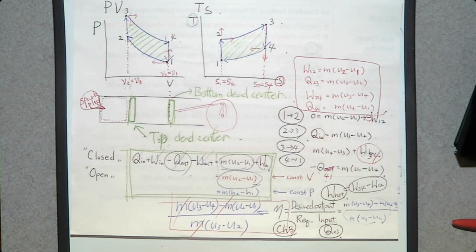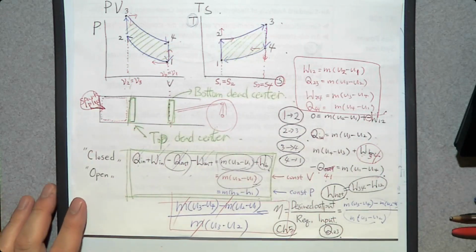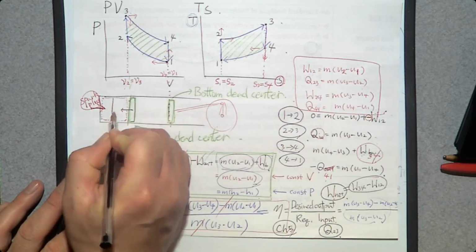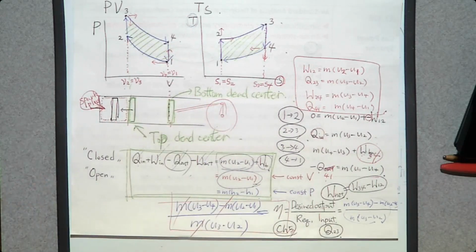If you look at this piston cylinder device, is there any simple way to increase the area? There's one thing. What about if you move this top dead center to the left? You can do that. So this is the original top dead center. I'm going to move this one even further up to this one. Then what's going to happen? You can compress much more, right?